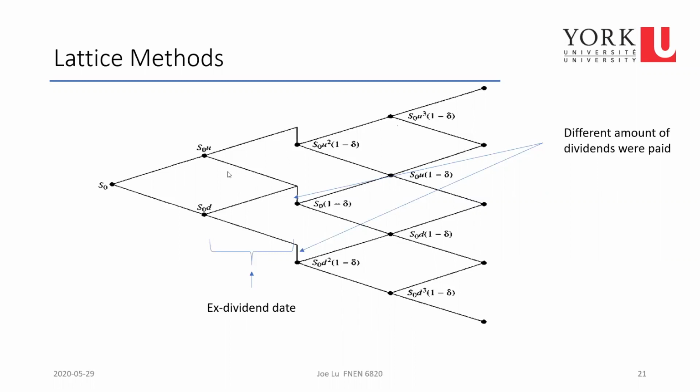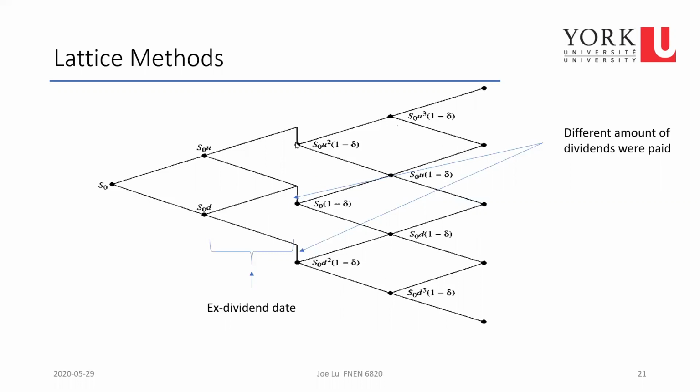And here, you've gone down to this thing here, and then it's just S naught times 1 minus delta, but then you go up 1 step, so it becomes S naught times U times 1 minus delta, which is the same point. So if you handle it proportionally here, you still have a recombining tree here. So after 2 going up, 1 going down, is equal to having 1 down and 2 ups like this. You still end up at the same point.